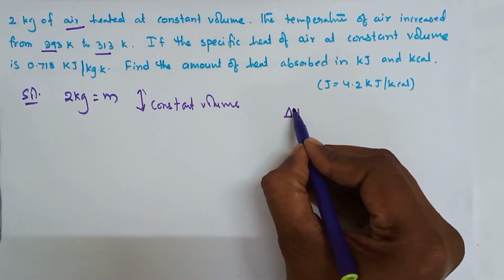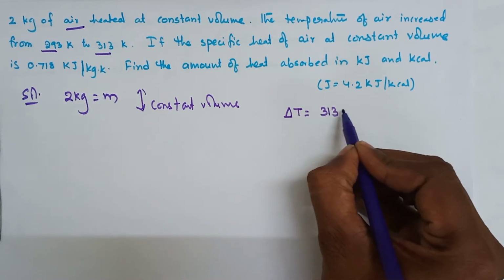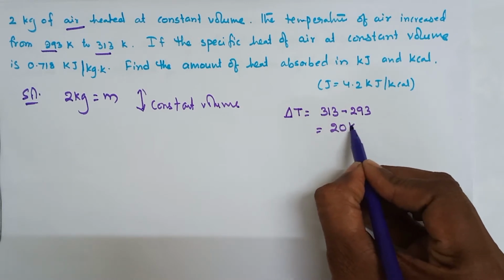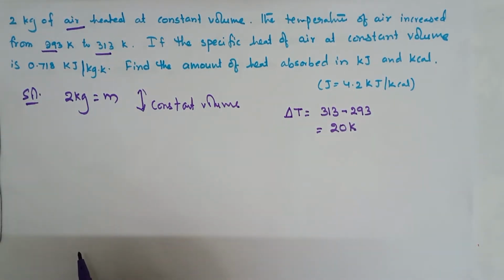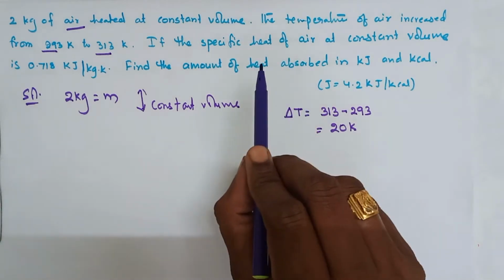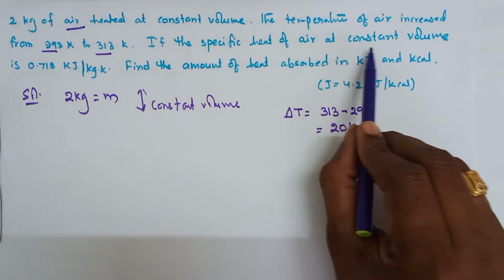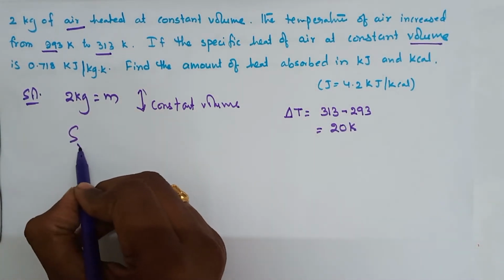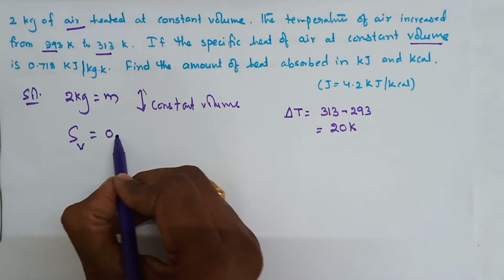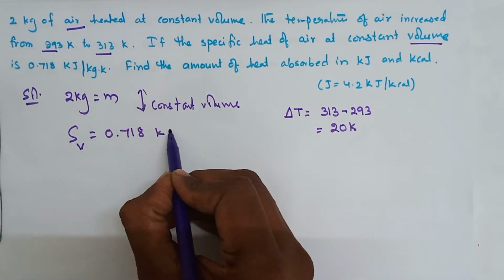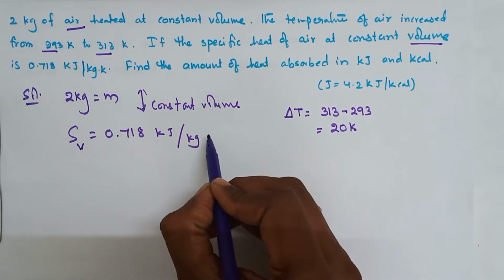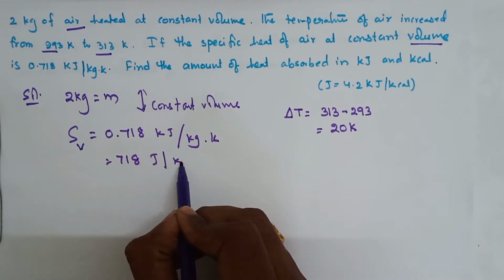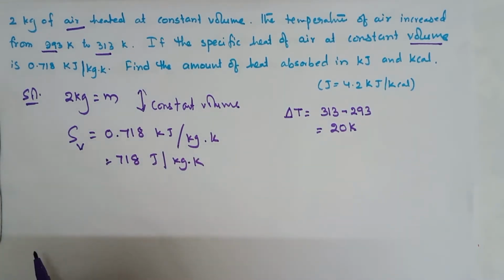So delta T, the final temperature 313 minus 293. What is that? There is 20 Kelvin. Next, the specific heat of air at constant volume, S at constant volume, is 0.718 kilojoule per kg Kelvin, which is 718 joule per kg Kelvin.